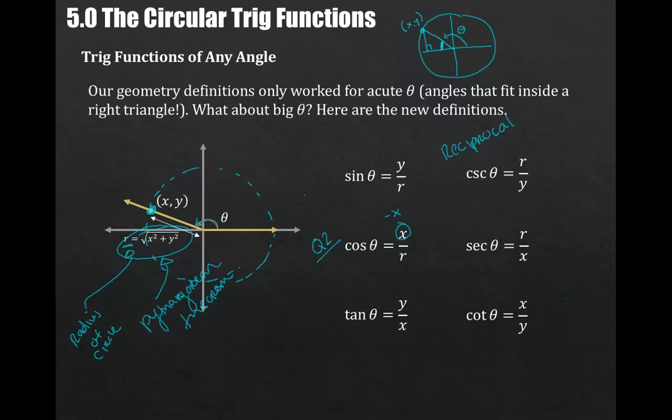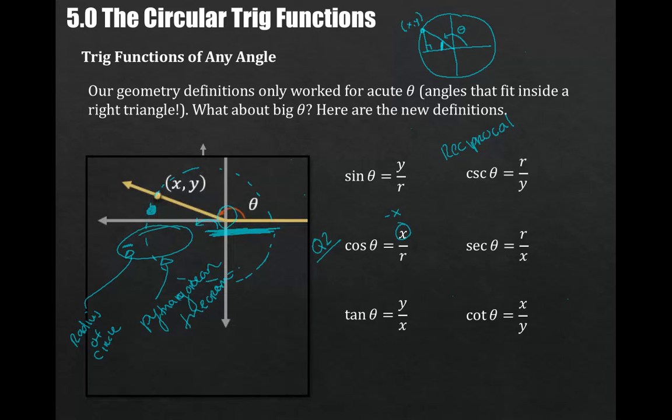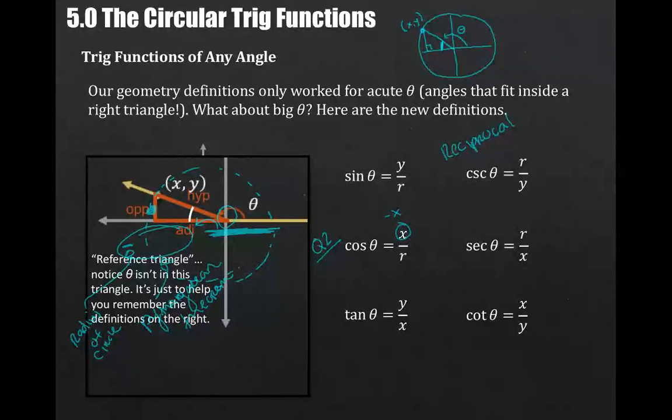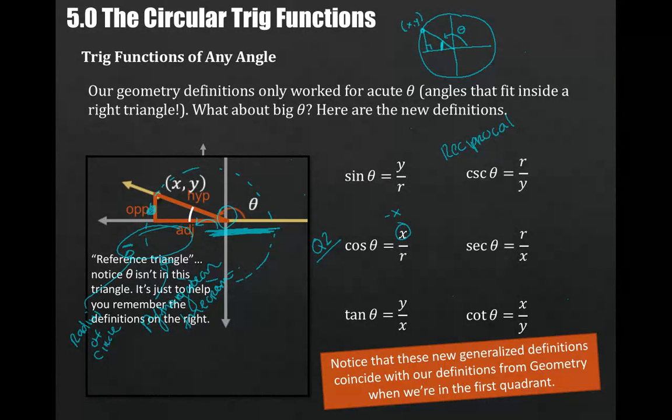So you have to remember that theta is coming from that initial ray. That is where I'm always starting and going around the circle. Remember the reference triangle? Notice theta isn't in this triangle. It's just used to help you remember the definition.